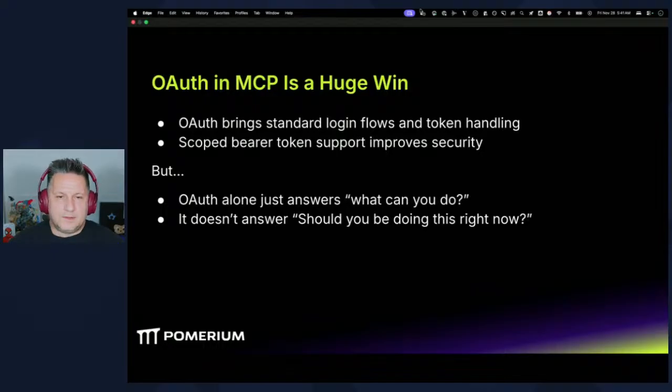What this does is you end up getting scopes with the OAuth, static scopes to allow you to do certain things, and that's great. But OAuth alone just answers, what can you do? In the context of GitHub, do I have the repo scope so I can do stuff with repositories? But it doesn't say, should you be doing this right now?